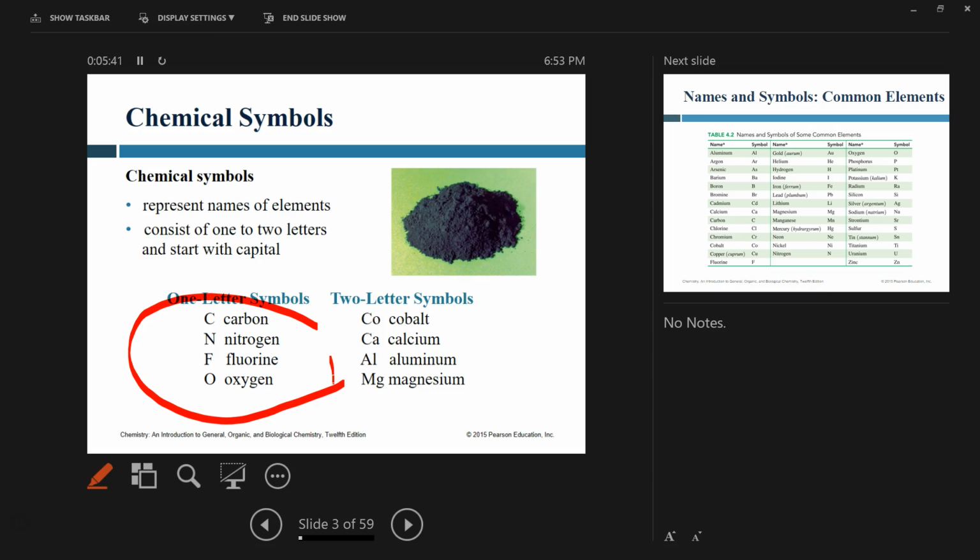Now, I'm not really particular about it, to be honest. I understand why many chemistry teachers are. But the symbols for the elements always start with a capital letter. So this is correct for copper, and this is not. Does that make sense? Always starts with a capital letter. The names of the elements do not start with a capital letter.